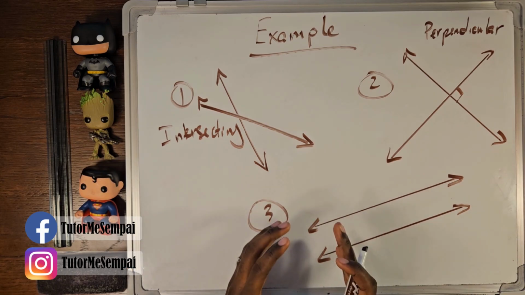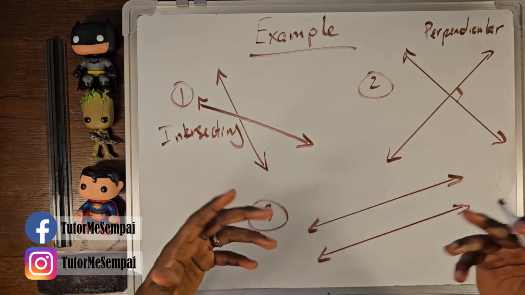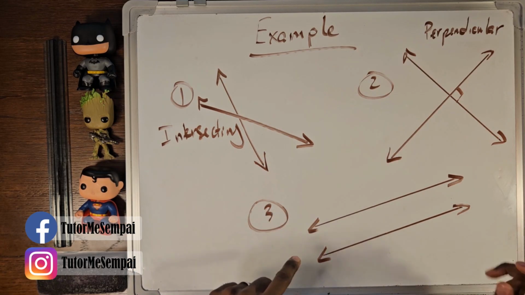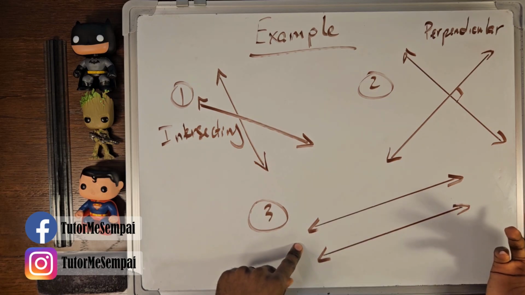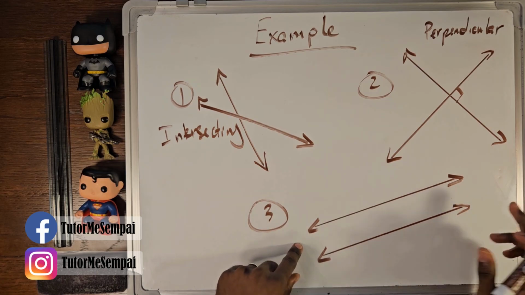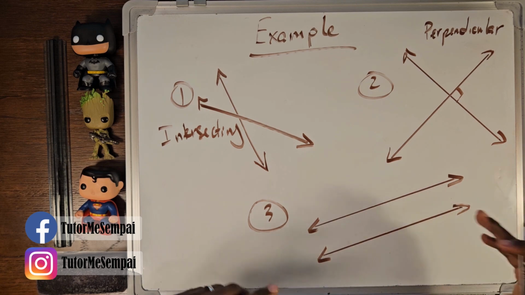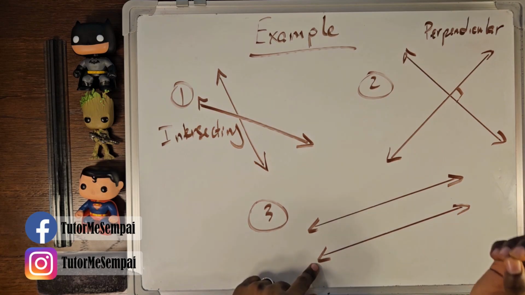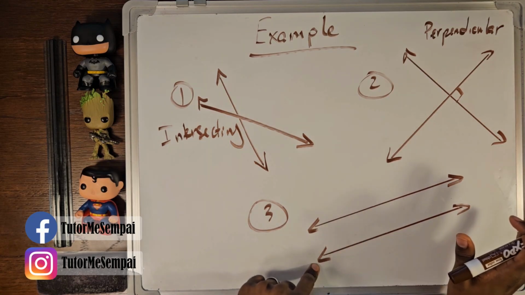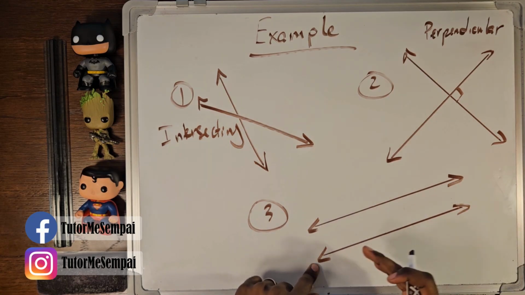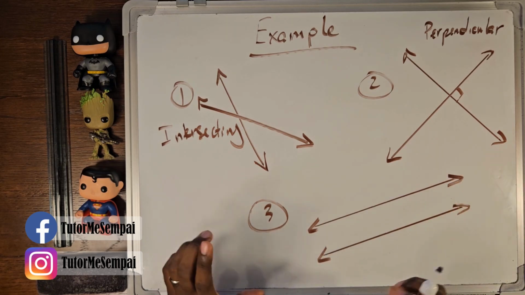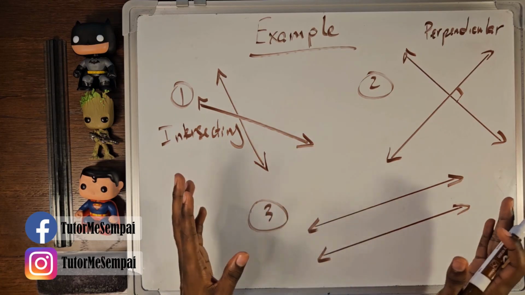Now let's move on to our third pair. Are these touching? Will they ever touch? And if they do touch, are they going to give you that 90-degree angle? Well, they're not touching right now. Will they ever touch? Well, imagine we continue both of these on forever. If these are drawn perfectly, they will indeed never touch. We're never going to touch because they are going to always go side by side forever.